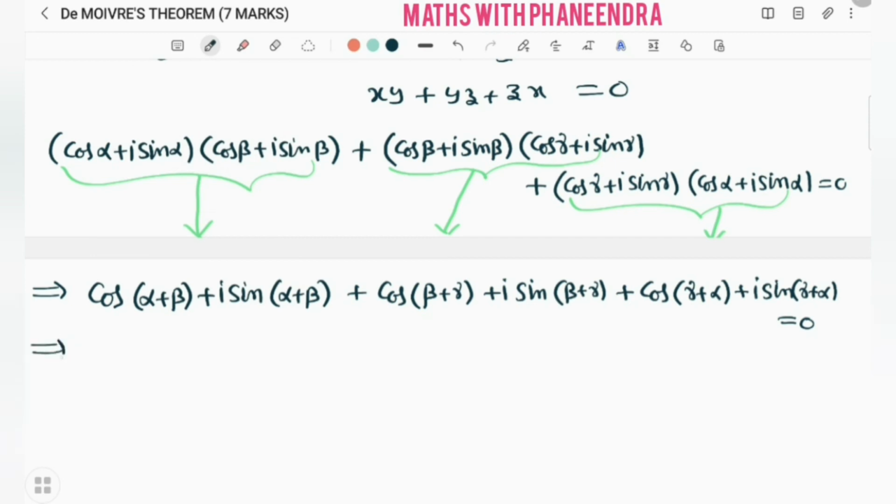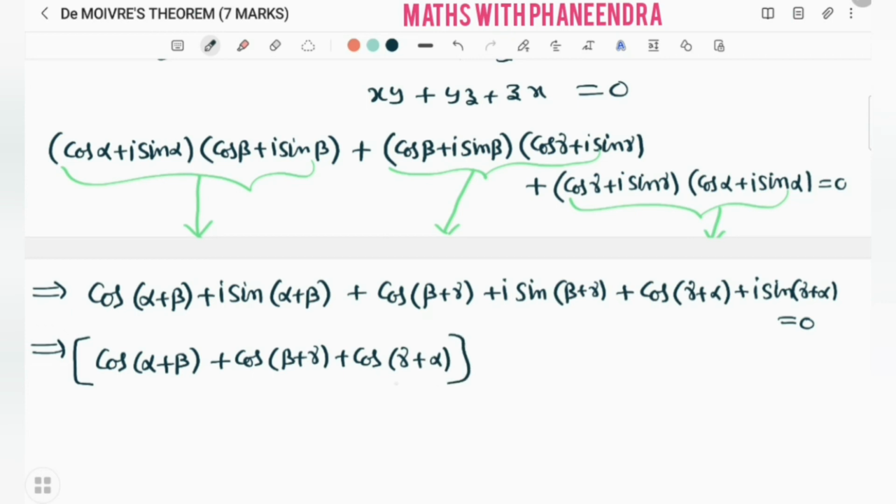So write the real and imaginary parts. Cos of alpha plus beta, cos of beta plus gamma, plus cos of gamma plus alpha, these are the real parts. Plus i into sin of alpha plus beta, sin of beta plus gamma, plus sin of gamma plus alpha. 0 can be written as 0 plus i into 0.